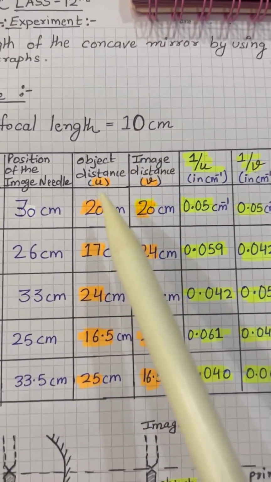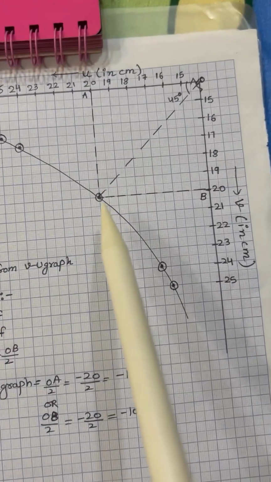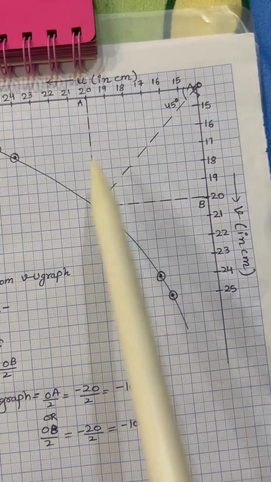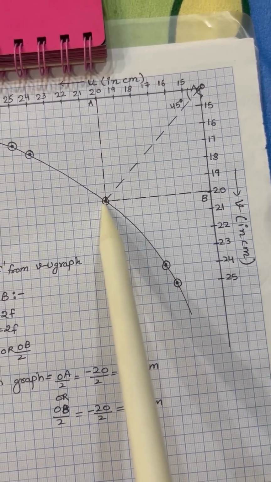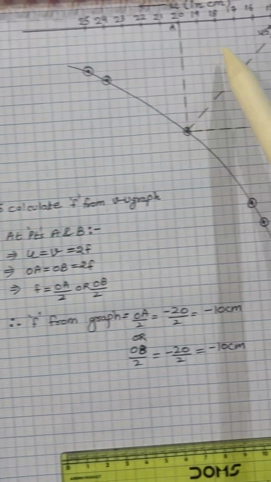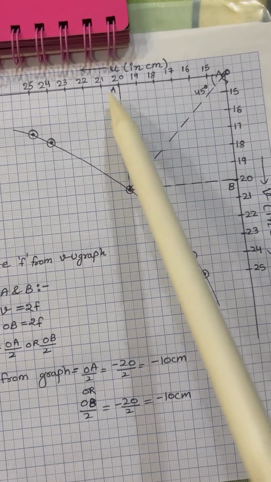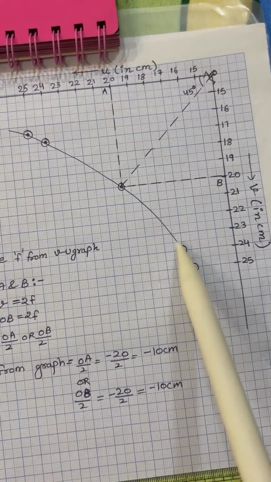And now let's draw the graph between u and v. First, mark 20 against 20. This graph will be in the third quadrant as both u and v are negative. Then for the second reading, u and v are marked as shown, which are 17 and 24.